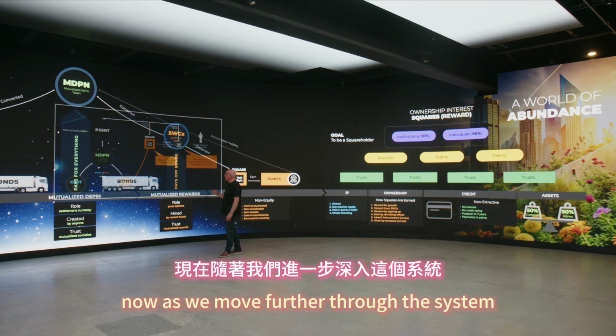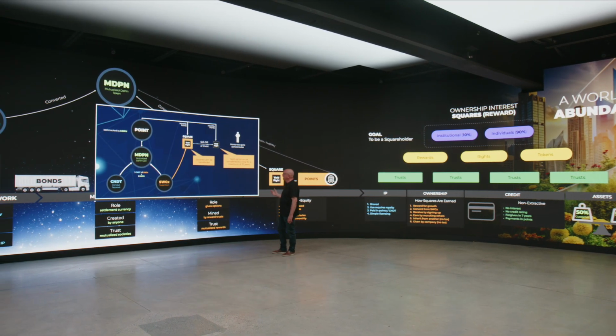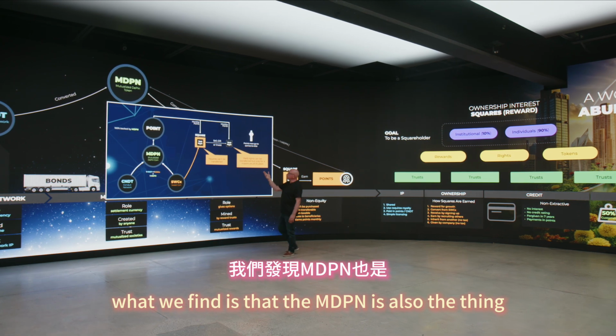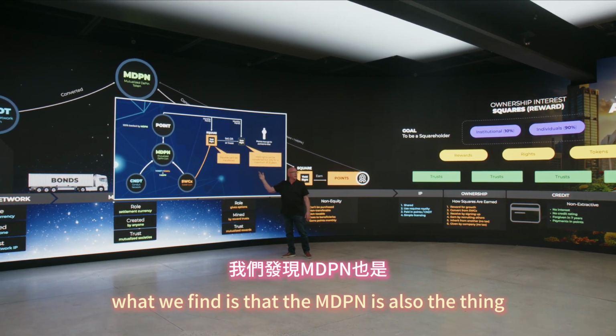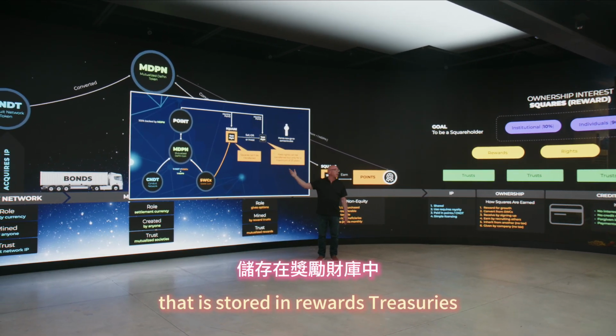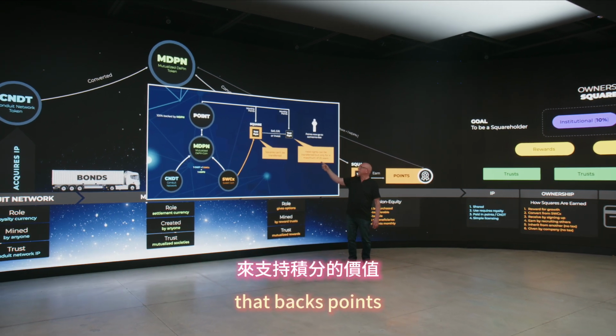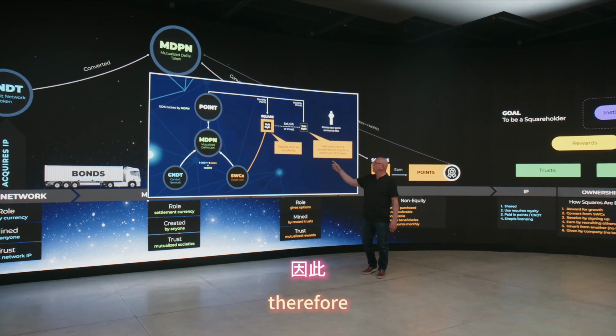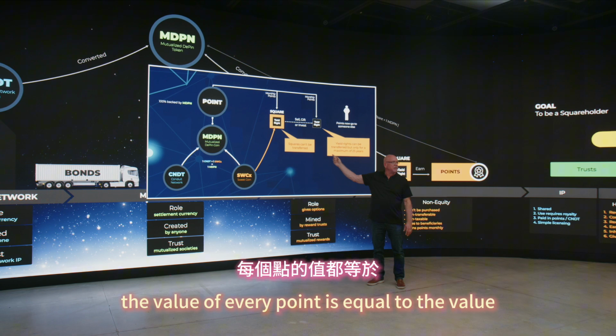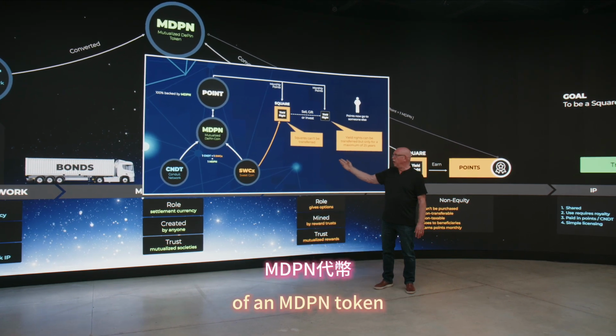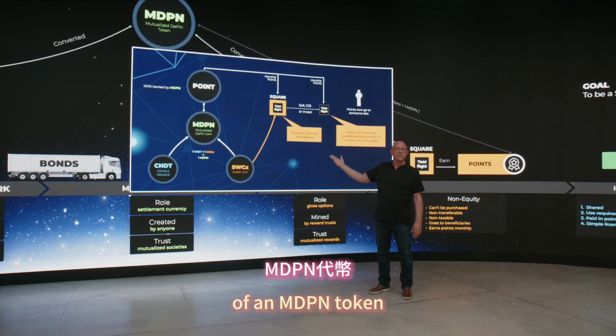Now, as we move further through the system, what we find is that the MDPN is also the thing that is stored in rewards treasuries that backs points. Therefore, the value of every point is equal to the value of an MDPN token.